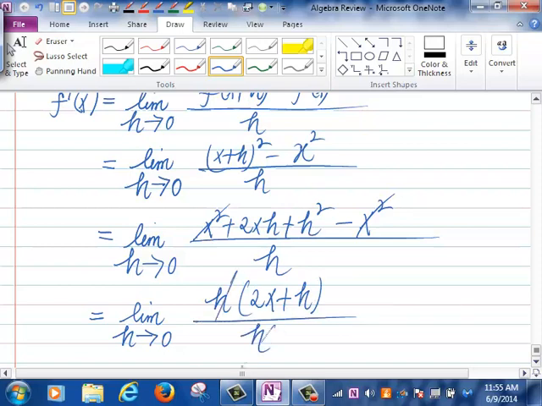The h cancels out. Now if I plug in h to be 0, I get 2x. So I do see that the derivative for x squared does agree with the one that I get from the formula, right? Am I making sense? If I computed f prime of x for x cubed, x to the 4, x to the 5, they will all agree with the formula that I gave you.